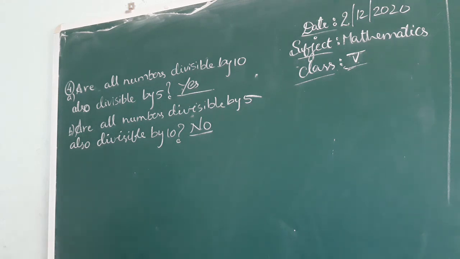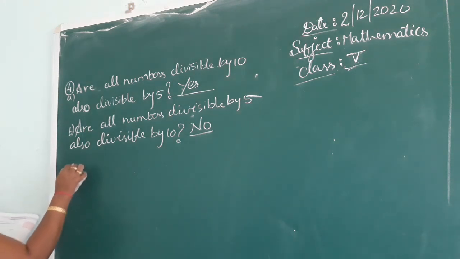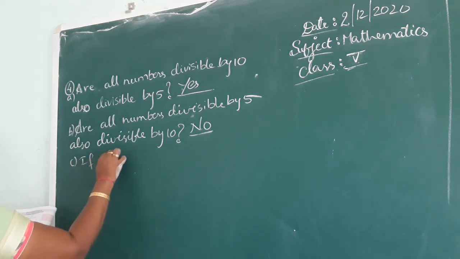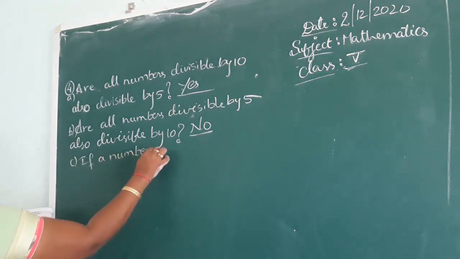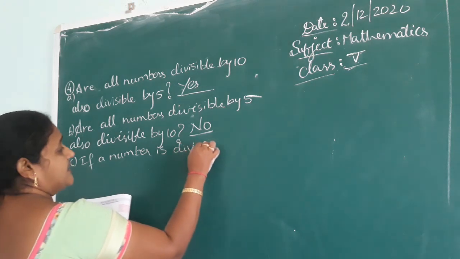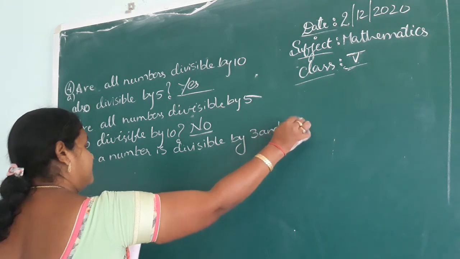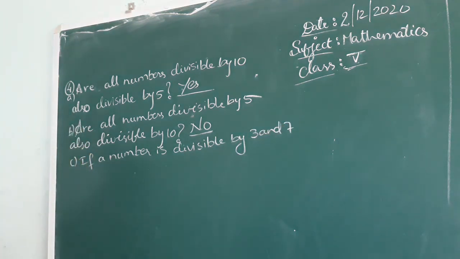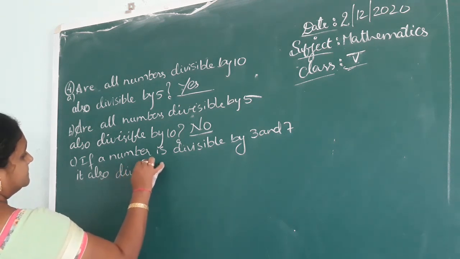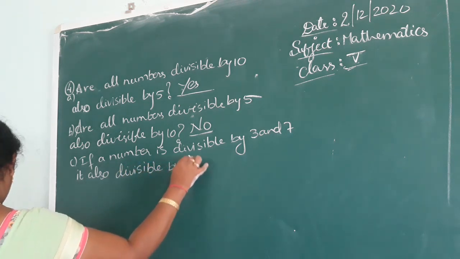Okay, see the third one. If a number is divisible by 3 and 7, is it also divisible by 21?